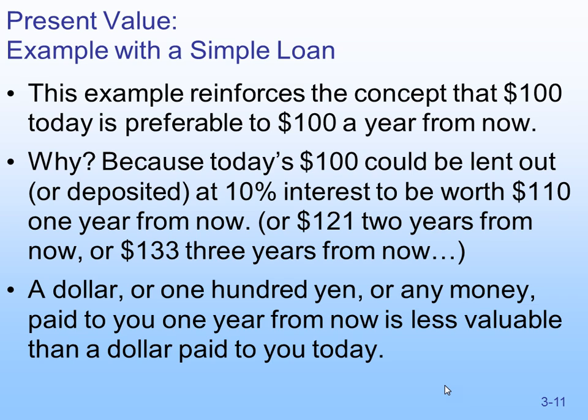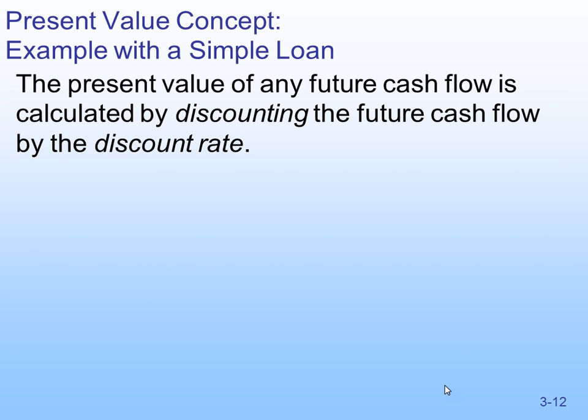All right, now let me make this very simple example more complicated, because I just want to make it more general, okay? So the present value of any future cash flow is calculated by doing what we call discounting the future cash flow by the discount rate.